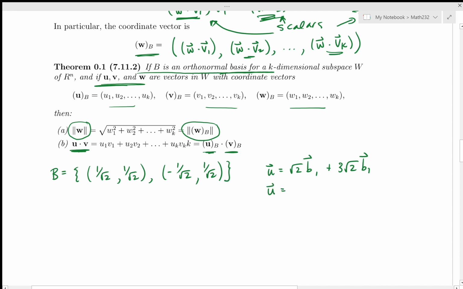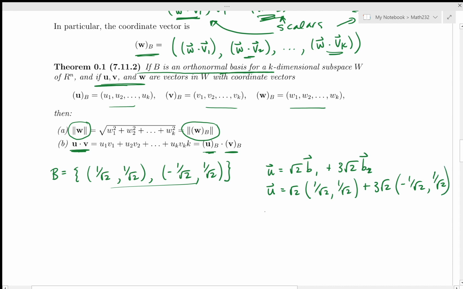U is in the space spanned by these two basis vectors. It's a linear combination of them. So U is root 2 times B1, 1 over root 2, 1 over root 2, plus 3 root 2 times minus 1 over root 2, 1 over root 2.